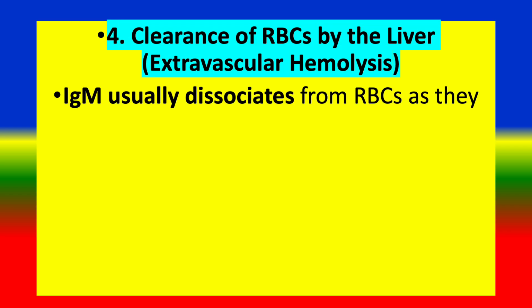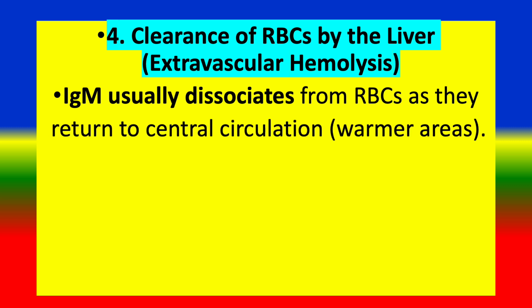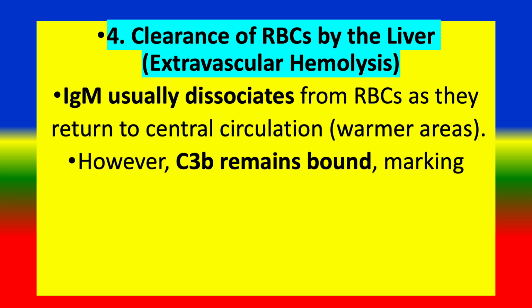4. Clearance of RBCs by the liver, extravascular hemolysis. IgM usually dissociates from RBCs as they return to circulation in warmer areas. However, C3b remains bound, marking RBC for destruction.